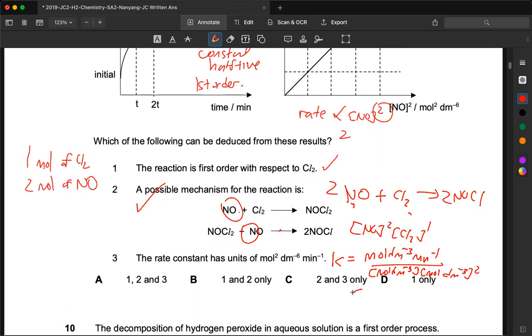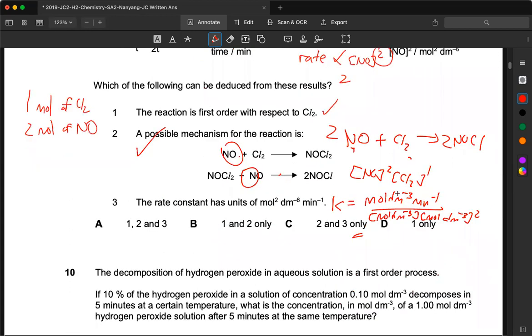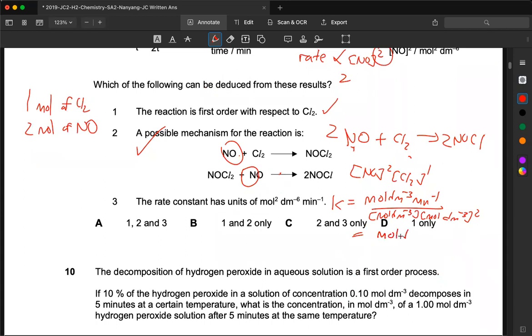Power of 2. So you multiply them together, you have mole 3 dm cube, minus 3 minus 6 give you minus 9.